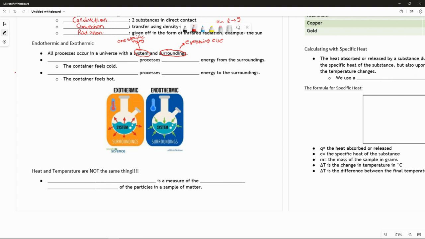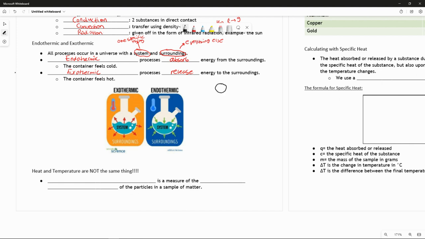So endothermic processes will absorb energy from the surroundings, and the container feels cold. Exothermic processes will release energy to the surroundings. The container feels hot. Okay, so I'll draw an example.